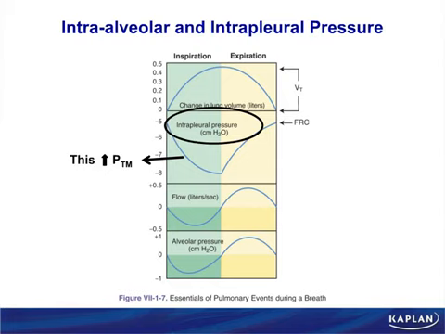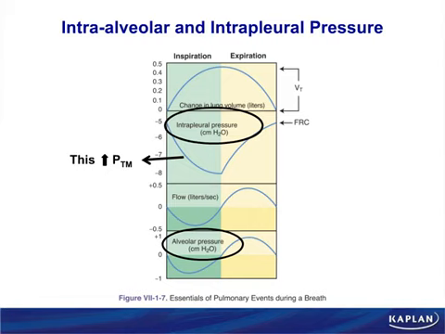This increases the transmural pressure gradient, which distends or expands alveoli. Therefore, alveolar pressure becomes subatmospheric. Notice in the panel right above it, flow occurs. The flow is going in, and the top panel shows the volume of air that goes in.